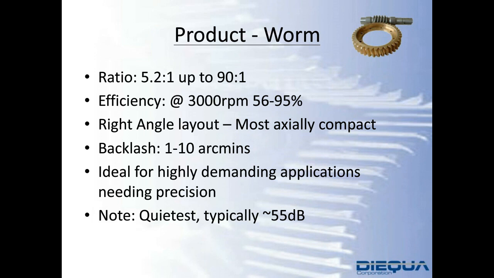One thing to consider with the worm gearboxes is the ability to self-lock. This is an occurrence from the lead angle between the worm gear and the ring gear. When the lead angle is low enough, it allows for a wedging effect.